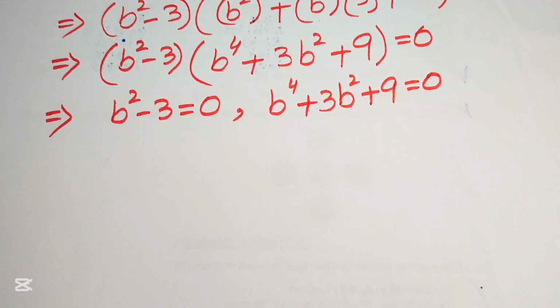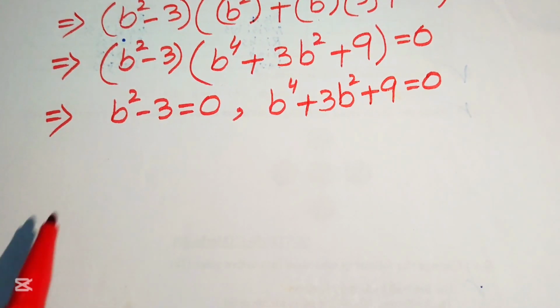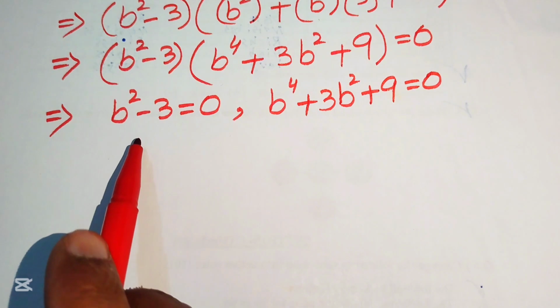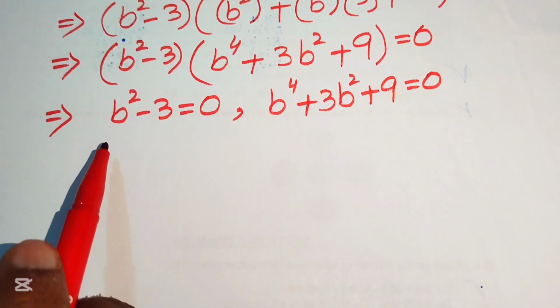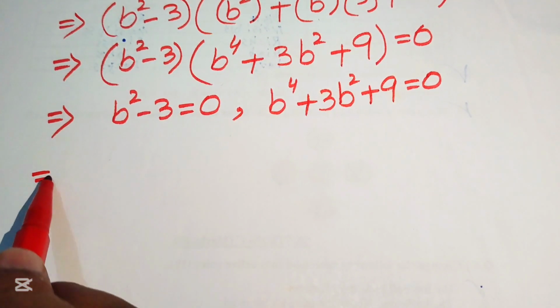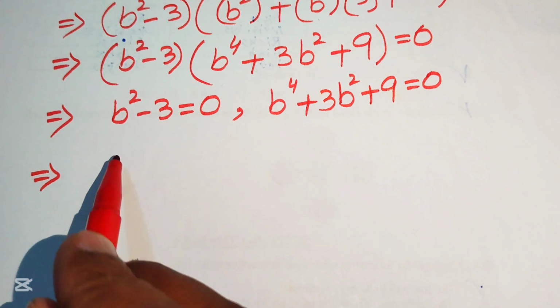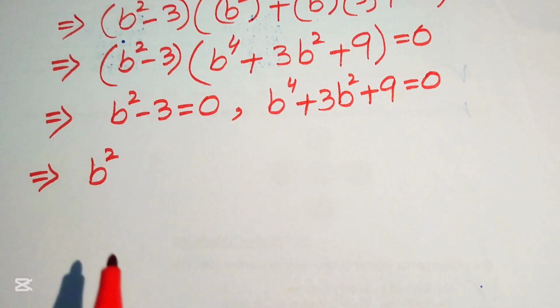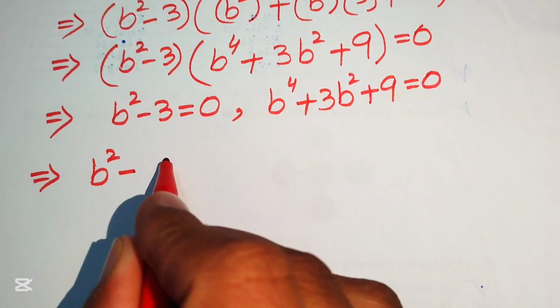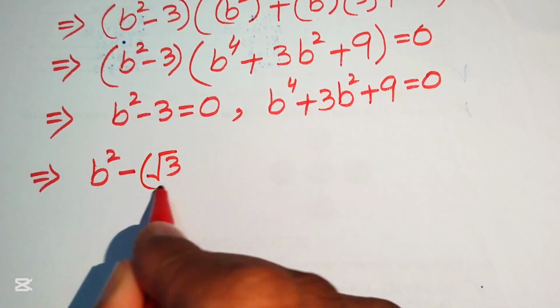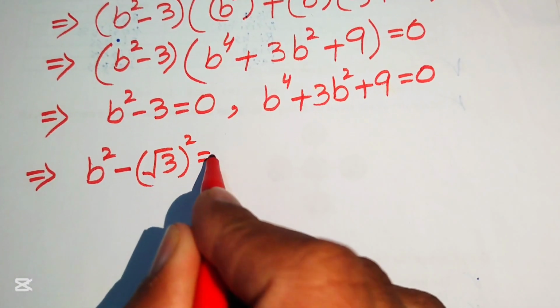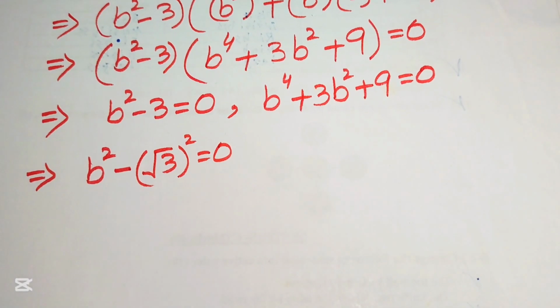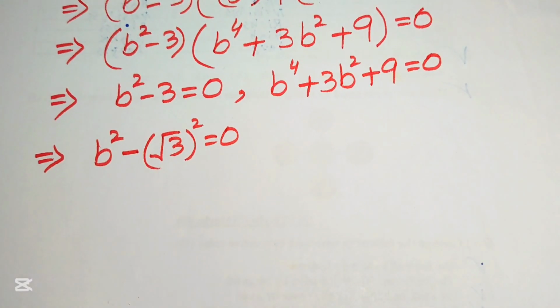Okay, so now in the next step we first focus on this equation. Now we need to find the roots of this equation. First we rewrite this equation as b square minus, we write this 3 as square root of 3 and its whole square, equals 0. So here we need to use the nice square identity.